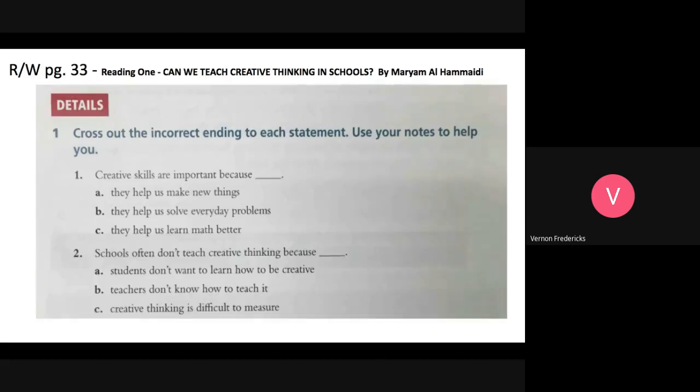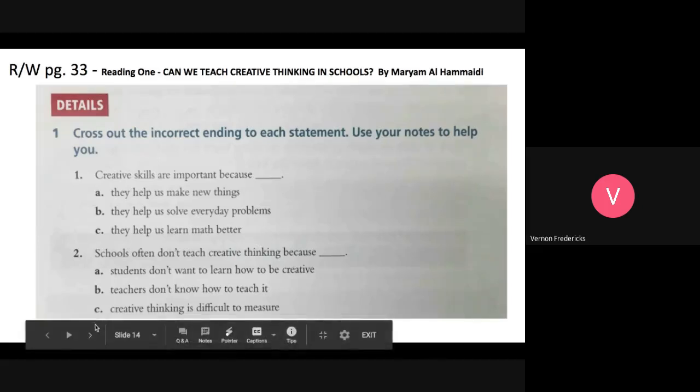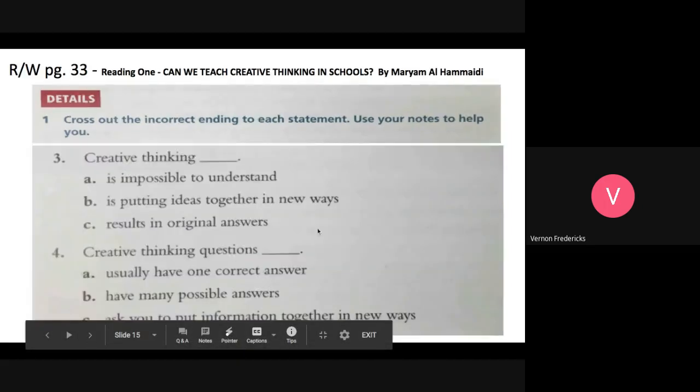Which one is wrong? Is it A, B, or C? The correct answer is A. A is wrong. Schools don't often teach it because teachers don't know how to teach it, and teachers also don't know how to measure it. Okay, so those two are in the reading, yeah? Okay, so number 2, we delete number A. Okay.